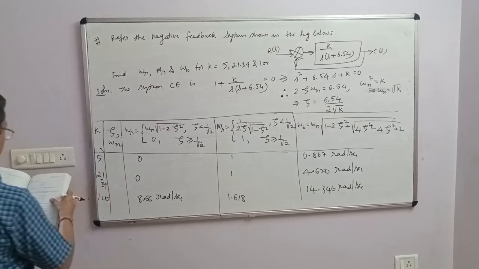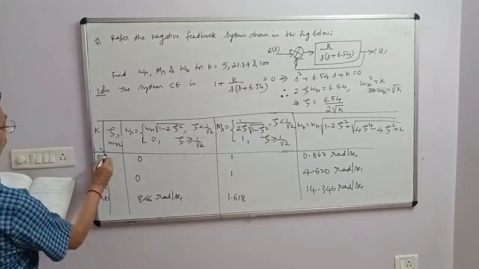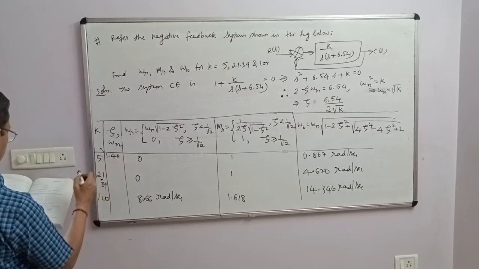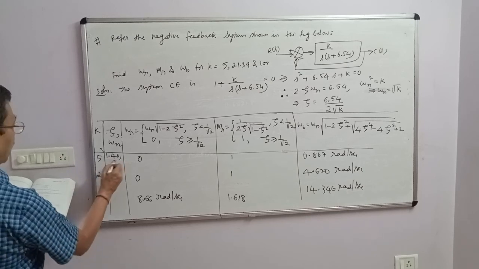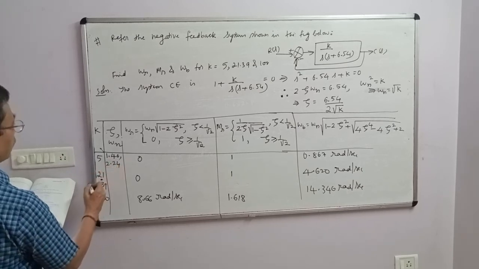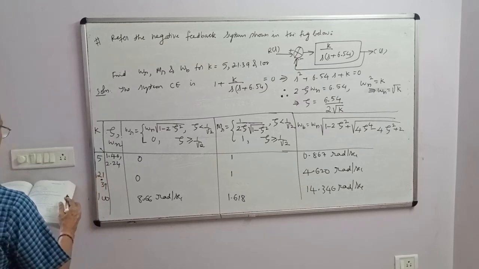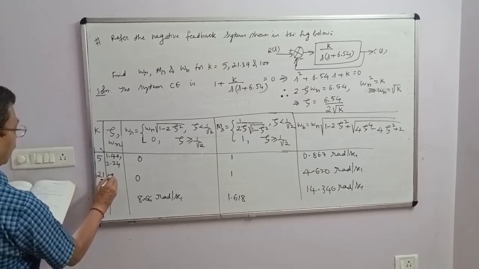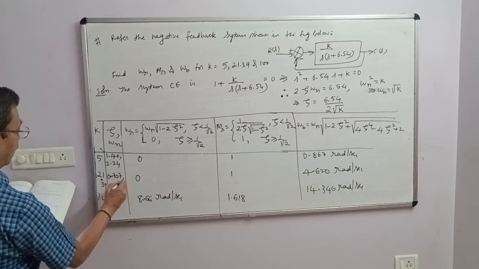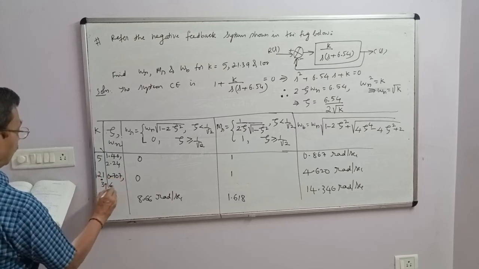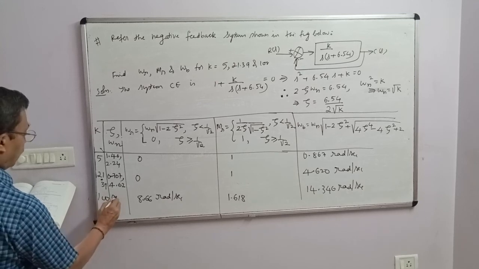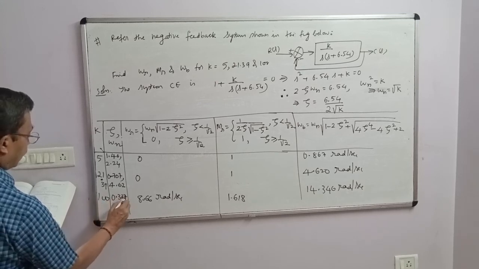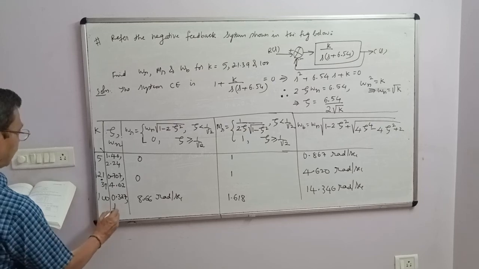This is how, if you want the values of zeta and omega n, that also I can write it for you. This is 1.46 is zeta and omega n is 2.24. This is 0.707 is zeta, omega n is 4.62. 0.327 is zeta, omega n is 10.